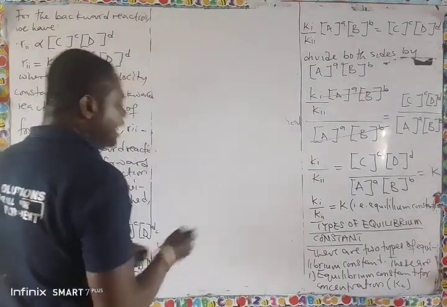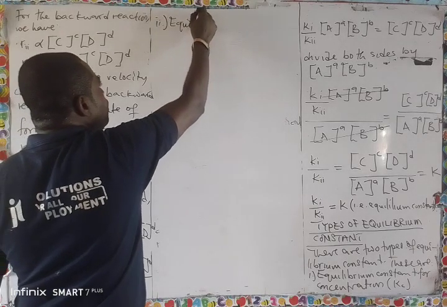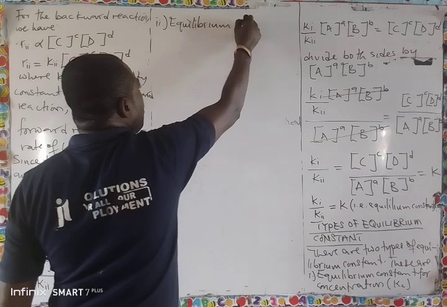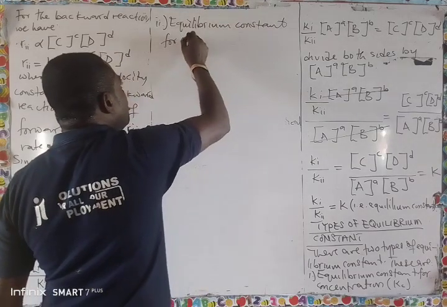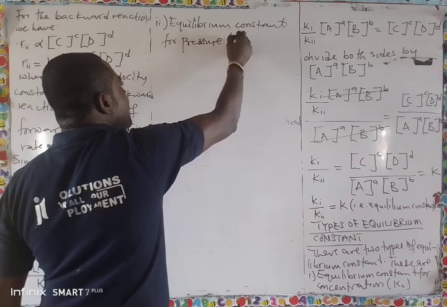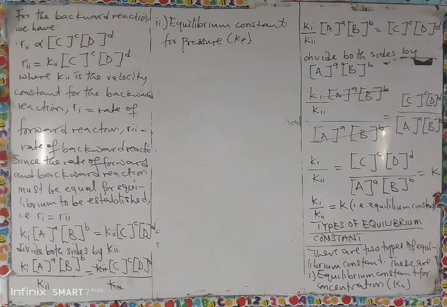So the next one, number 2, is equilibrium constant for pressure. That's Kp. Now, what's the difference between Kp and Kc? What's the difference between equilibrium constant for pressure and equilibrium constant for concentration?